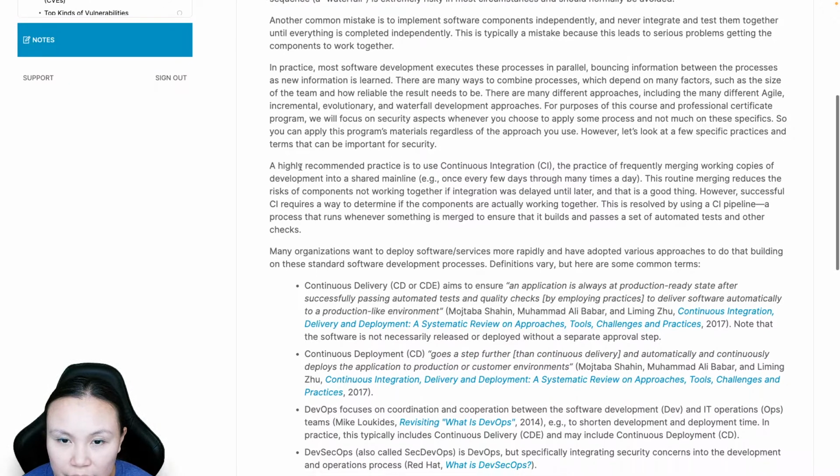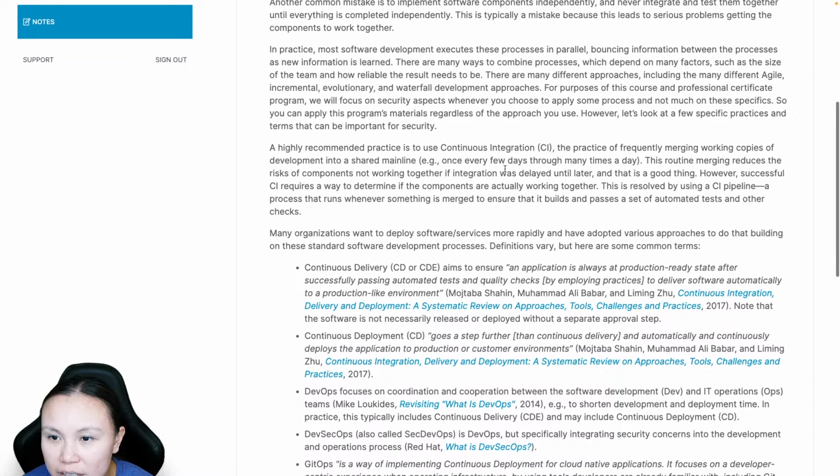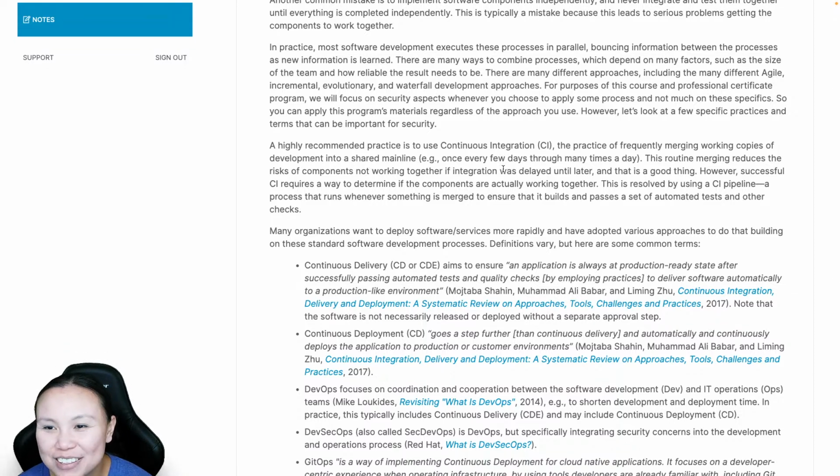Okay. Highly recommended is to use continuous integration. Yay, we love those. You can see why GitHub Actions is so popular. It's the practice of frequently merging working copies of development into a shared mainline, from once every few days to many times a day. These routine merges reduce the risk of components not working together if integration was delayed until later.